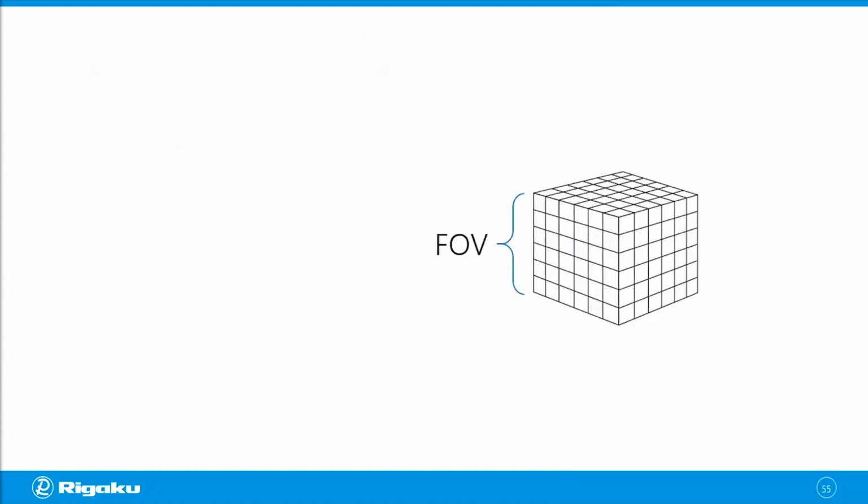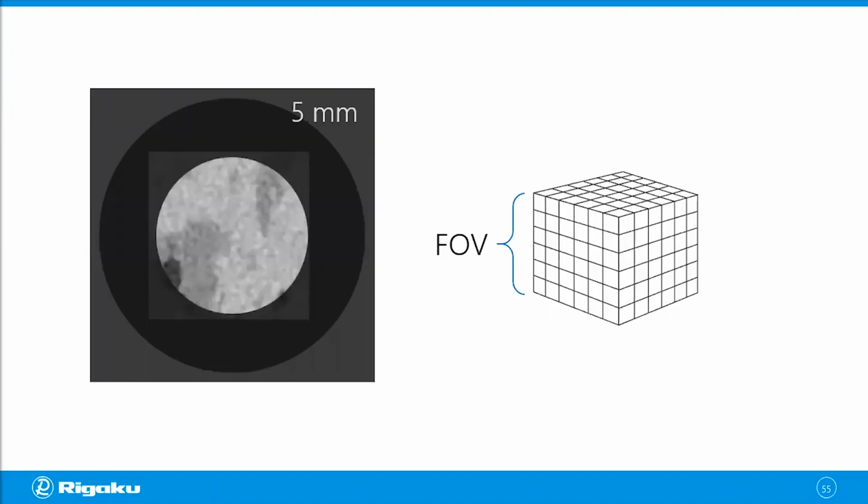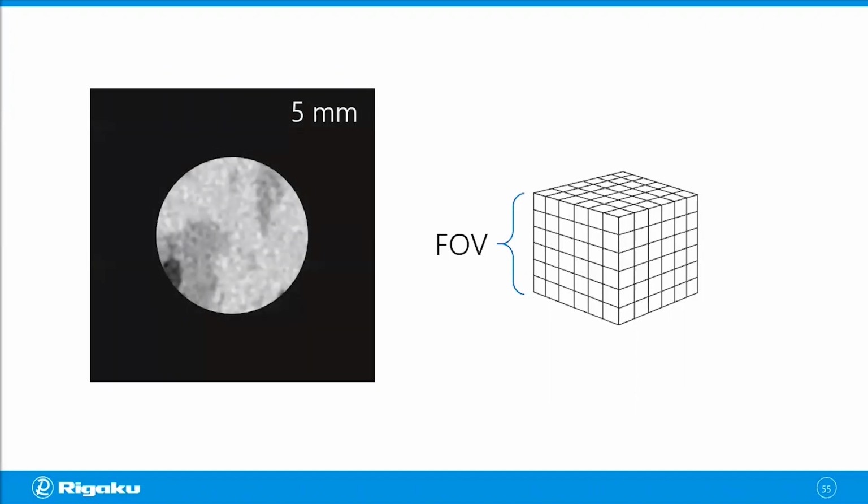First parameter, the field of view, FOV. Let's say that randomly we pick 5 millimeters as the field of view for the salami. Then it would look like this. So you kind of see 2 or 3 phases in this 5 millimeter view, but those are really big chunks. And this means that this sampling size is not big enough.